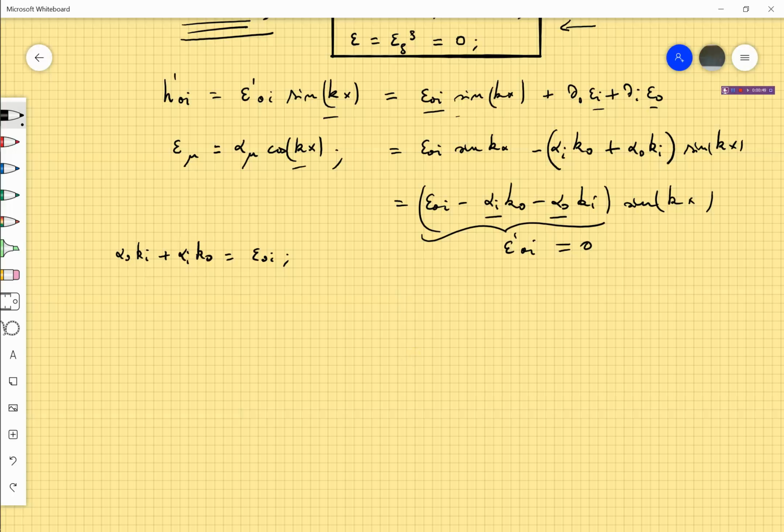as functions of ki, k0, and epsilon 0 i, and also the trace of the polarization tensor.